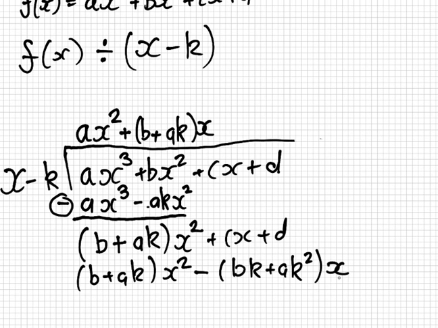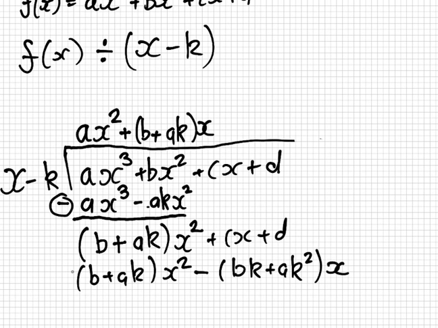And let me just explain that one if you can't see it. See the second one there, (b plus ak)x times k. I put the k inside the brackets. So that's why I have bk and ak squared there. If you want, you could have left the k out in front, k multiplied by (b plus ak)x. I just put it inside.